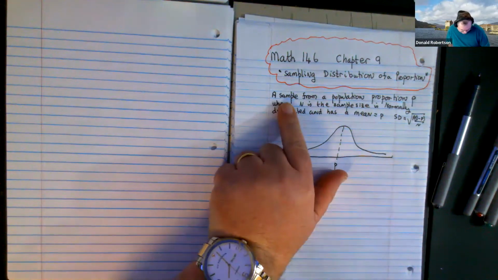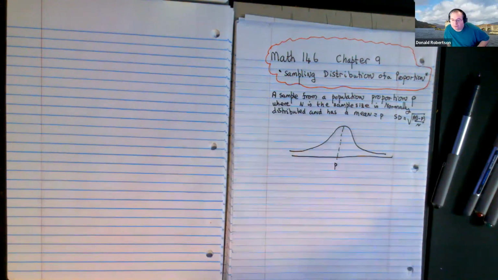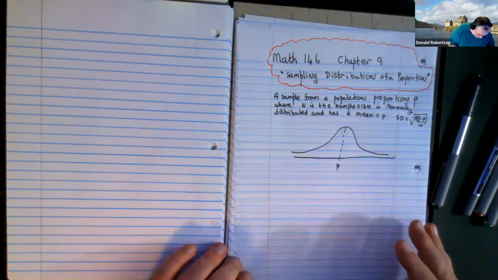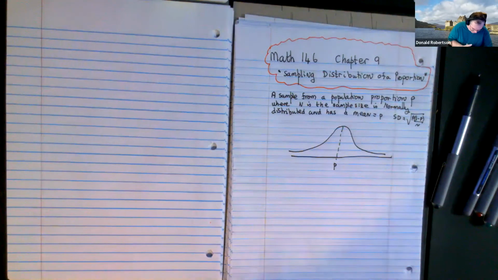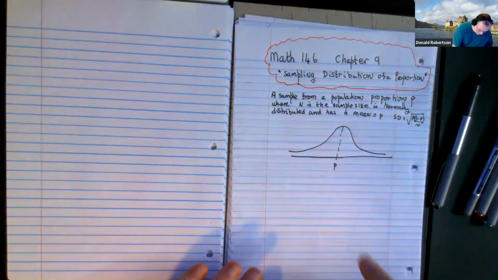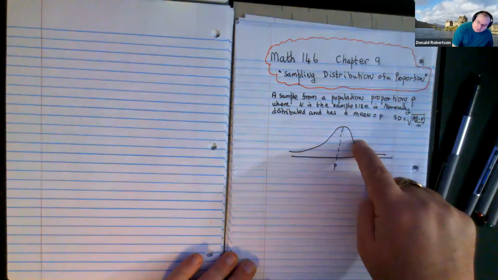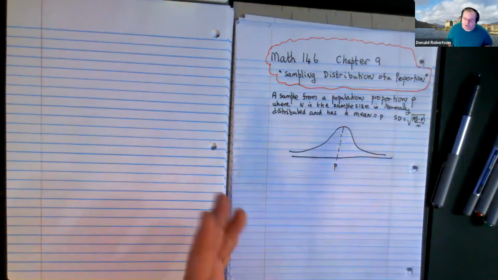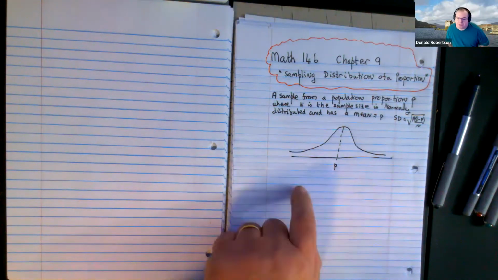And for the sampling distribution of a proportion, it was discovered that when you take a sample from a population and you take lots and lots of them, the shape of all the samples that you could have taken has a nice normal distribution. It's a symmetric shape, just like this one.